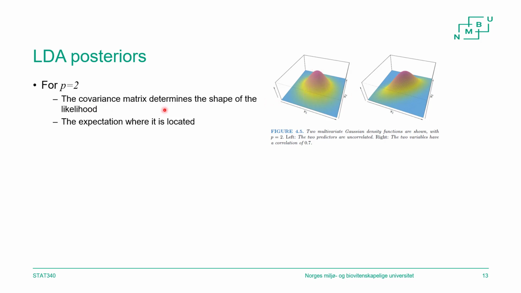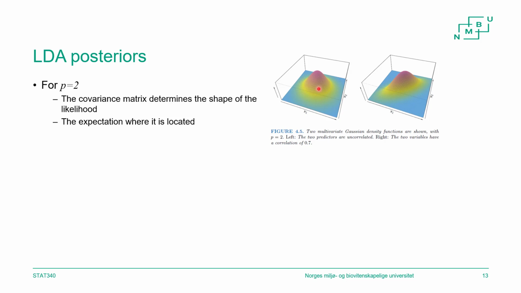And the covariance matrix, the shape of it, determines the shape of the likelihood. So here we have a mountain where the spread in both directions is the same and there is no dependence between them. Then the mountain becomes sort of round, you could say.